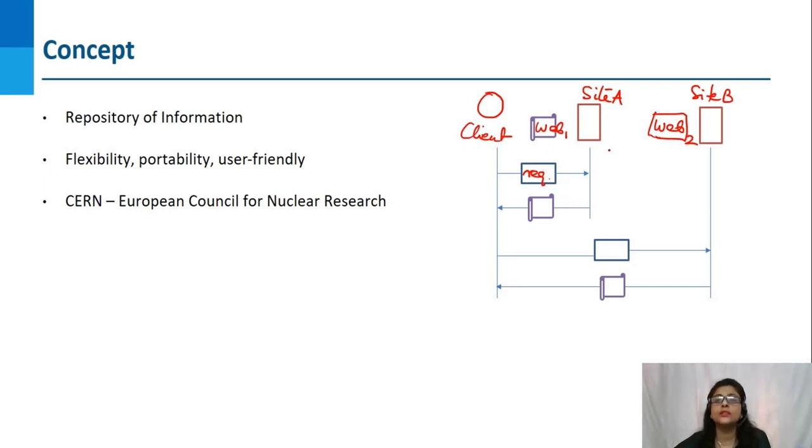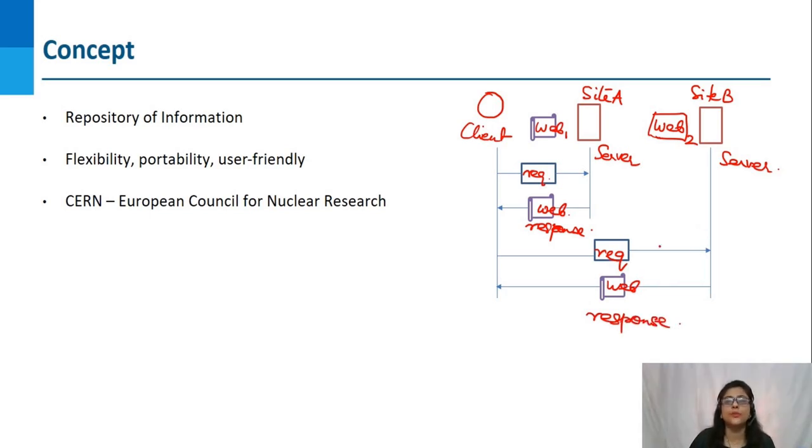And in return, the server will give a response by sending that particular web document. Similarly, if the client wants a different web document like web document 2, which it knows resides at site B of the server, then it will make again a request for the particular web document at site B, and the server in return will give the web document in a response message. So this is the concept of WWW.